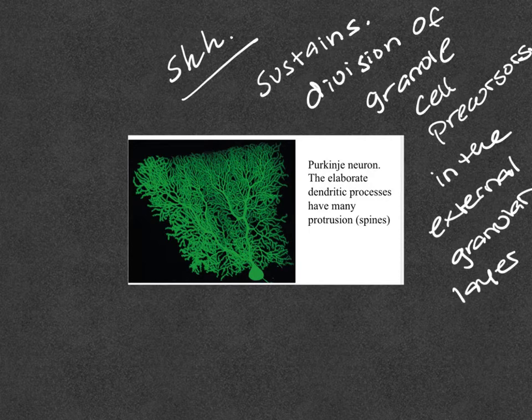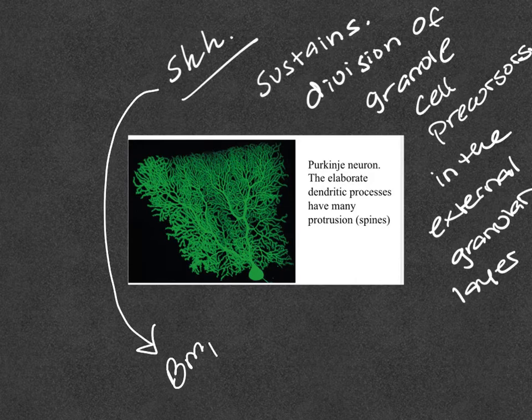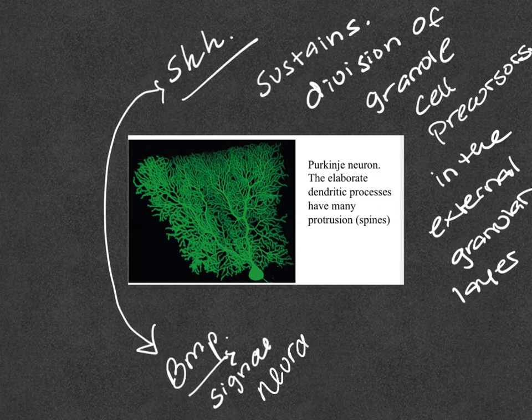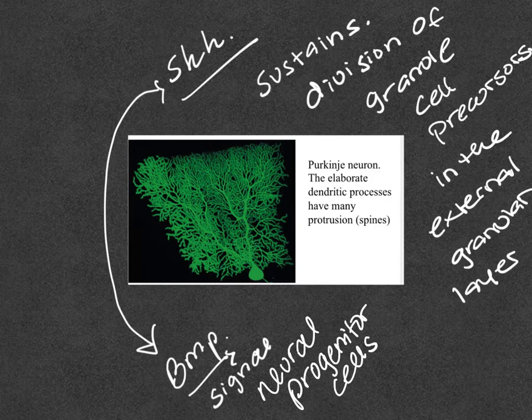Okay, so one very important concept that we need to understand about all of this is the difference between Sonic Hedgehog and BMP. So what BMP does is it actually gives the signal to neural progenitor cells in the external granular layer to differentiate into granule cells.